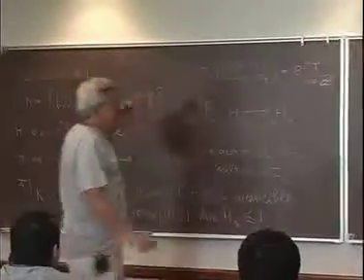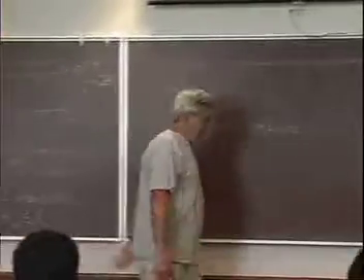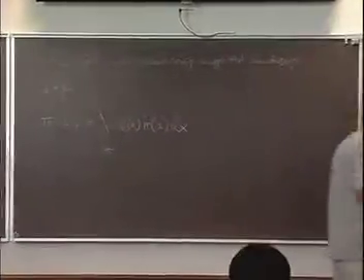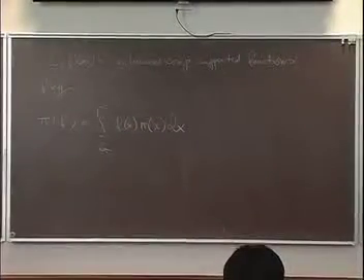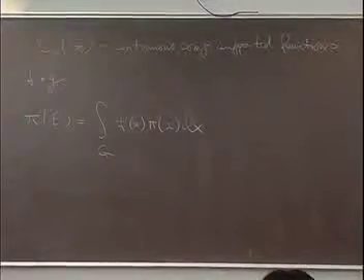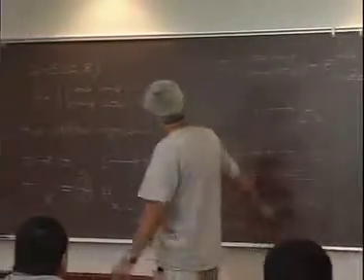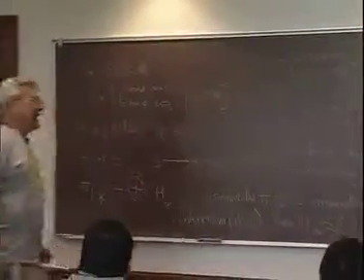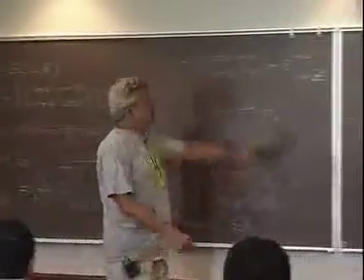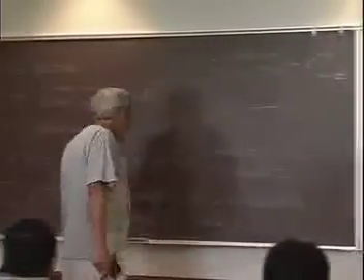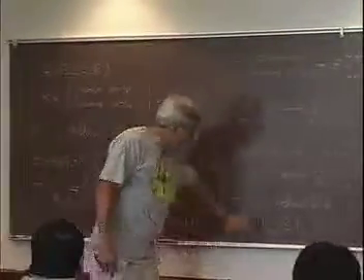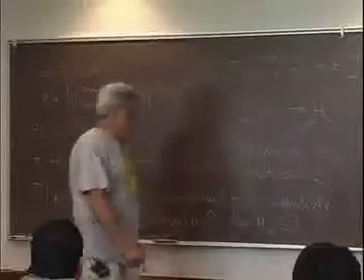So I can look at the right and left regular action on my functions, and I can take functions which on the left and right lie in the corresponding isotypic component determined by some n. And I get a subalgebra of this algebra. This subalgebra naturally acts on this space, H_n.